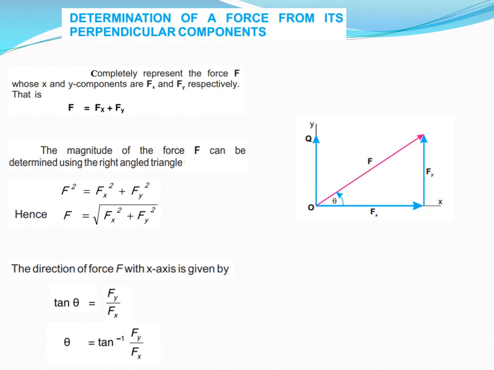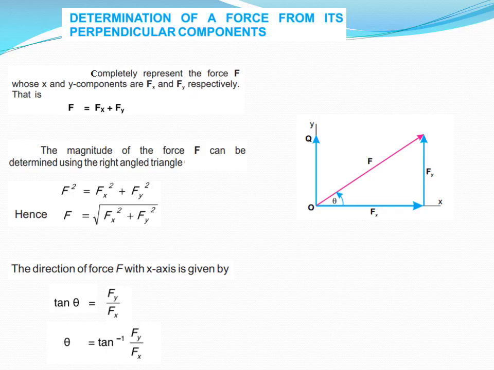Now, how to determine a force from its perpendicular components? As force is a vector, it has some magnitude and direction. So let's find the magnitude and direction of a force that is split into its rectangular components Fx and Fy. These completely represent the force F, whose x and y components are Fx and Fy respectively, that is F equals Fx plus Fy.